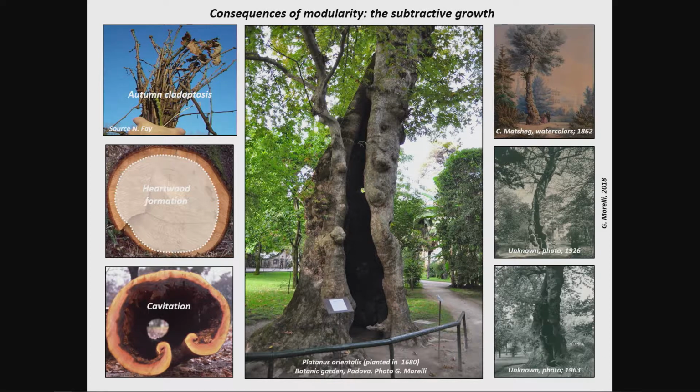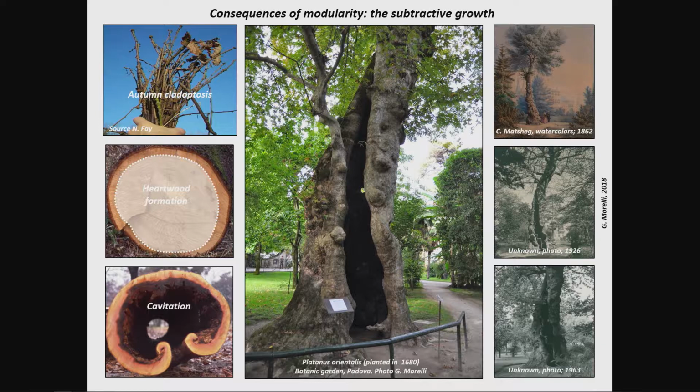It can be every year, so twigs or little branches or foliage or leaves, because the goal of the subtractive growth is to optimize the shape and the organization of the different parts of the tree through time, as it cannot move or change its clothes or whatever. So the tree has to adapt itself differently from an animal.